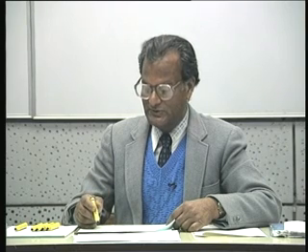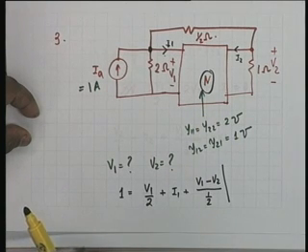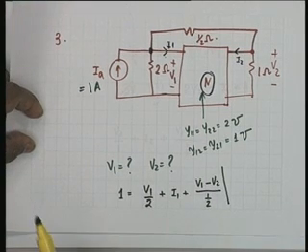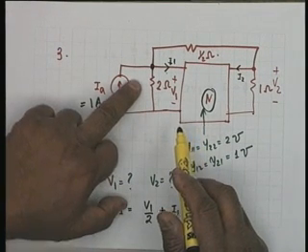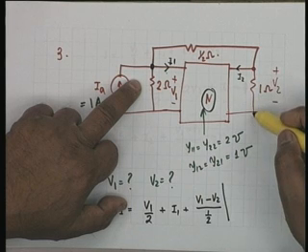Can we find y11, y22, y12 and y21 of this total network? How? For example, to find y11, I have to short circuit this.